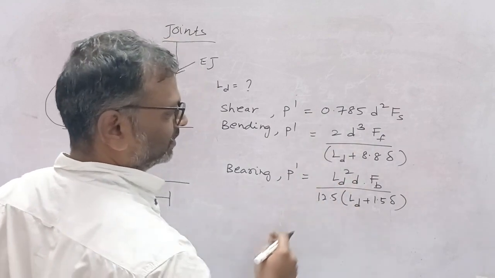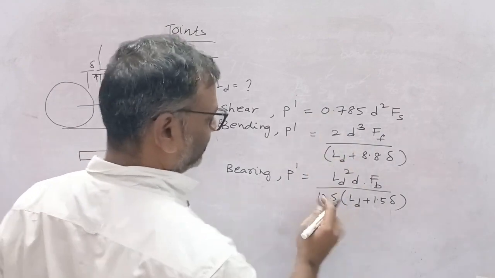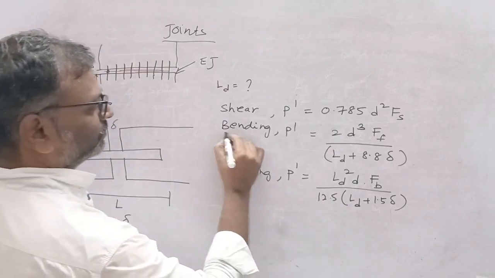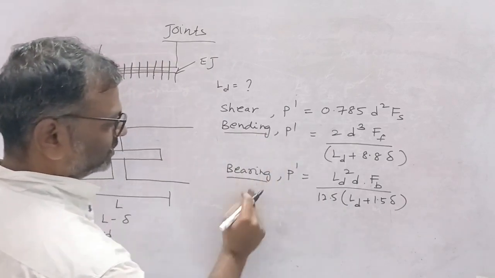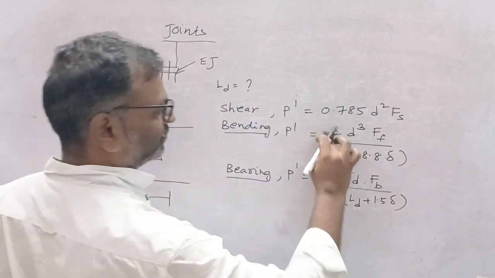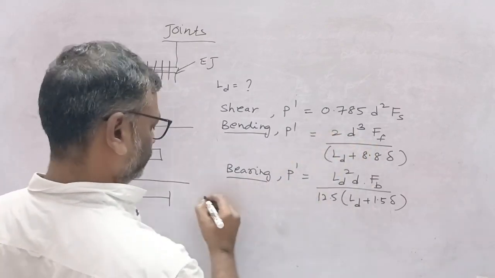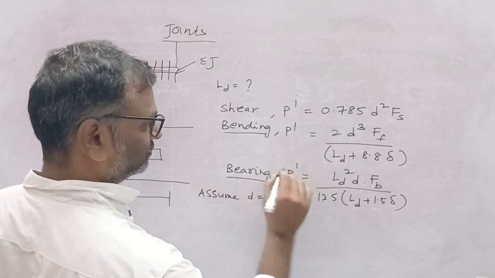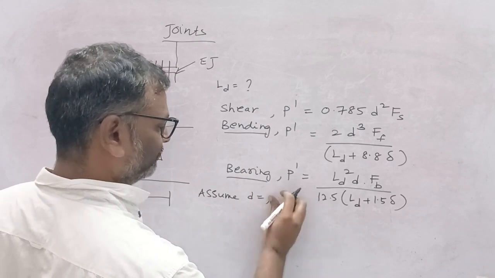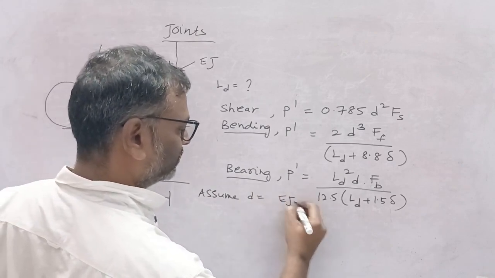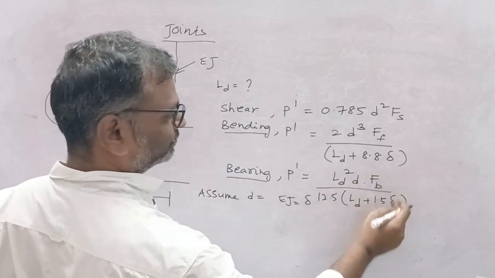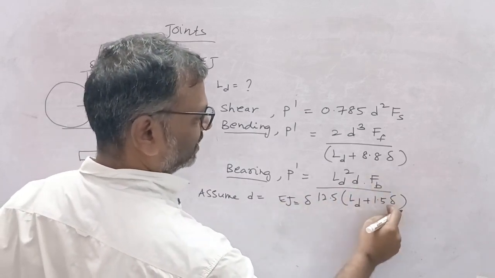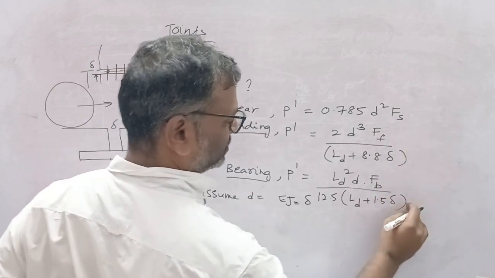We have three criteria, and from these three criteria, first you have to equate two of these equations. Assume some diameter d, and we have the expansion joint delta. D we have, delta we have, then equate these two equations.